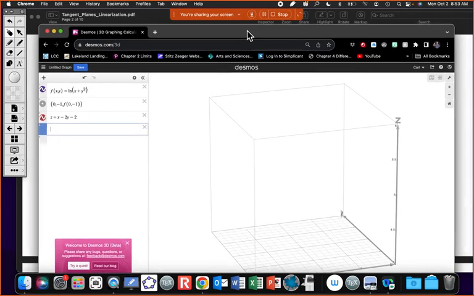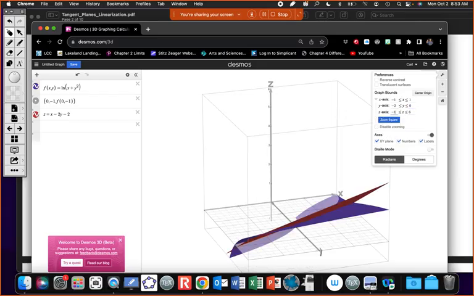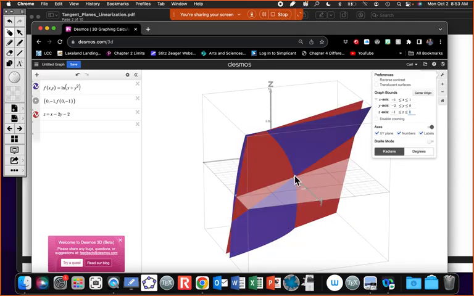So we'll go over here, click on this. We want the x, let's say between -1 and 1. Do the y, say between -2 and 0. And the z, between -1 and 1. There we are.